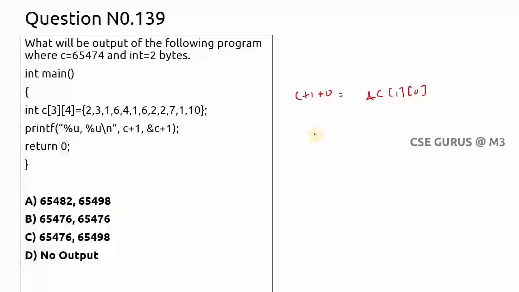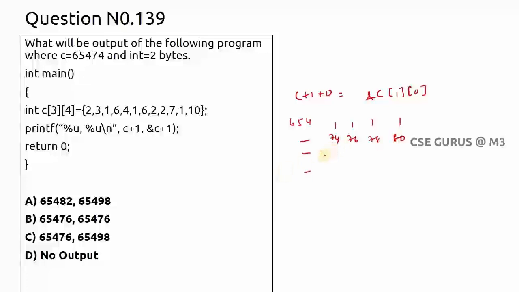So let me first show how the addresses are taken. c[3][4] means 3 rows and 4 columns, like this. For the first row, first column, what is the value it is starting from? 65,474. Then at 2 bytes each: 76, then 78, then 80.